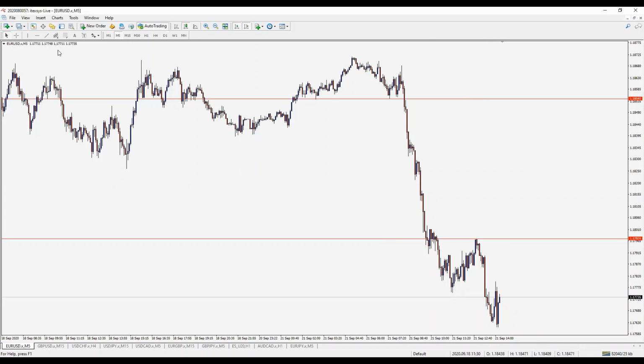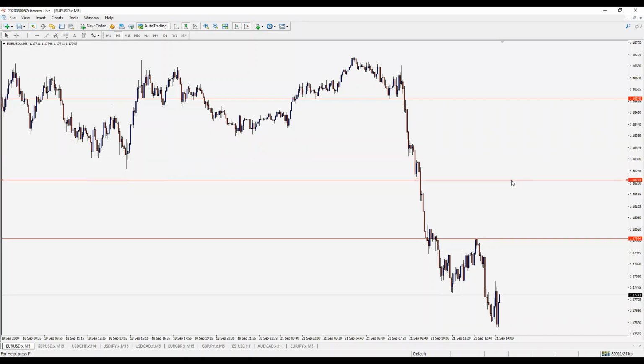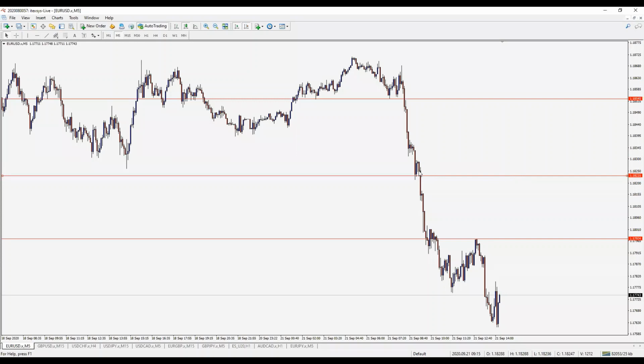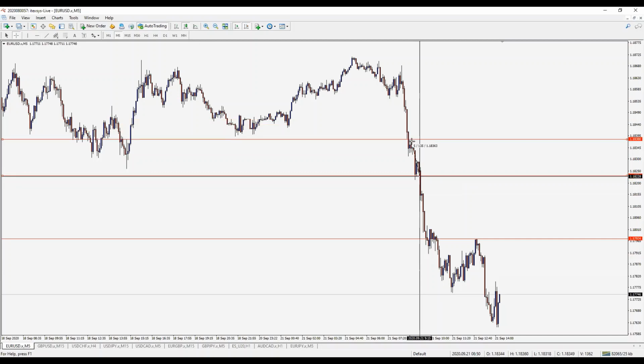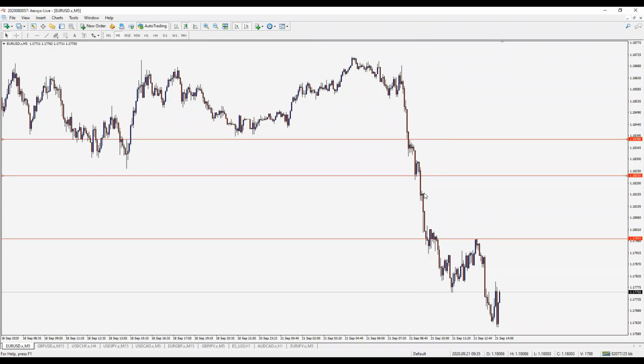Okay, and this one, sorry. That level can also be a nice level for a sell position. I would take a risk and risk both of these supply together. It's not very much, it's about 17, let's say 20 pips, okay? 20 pips.